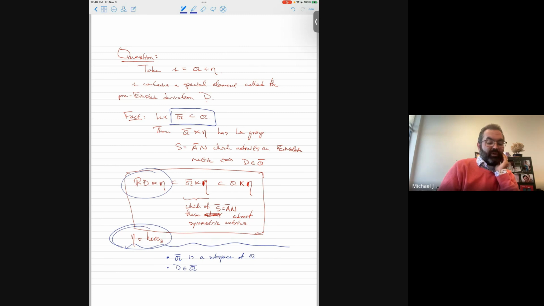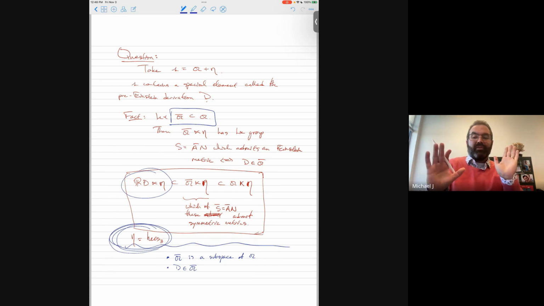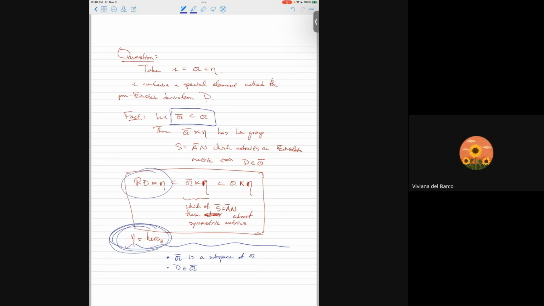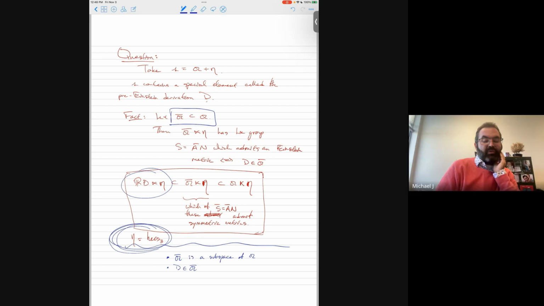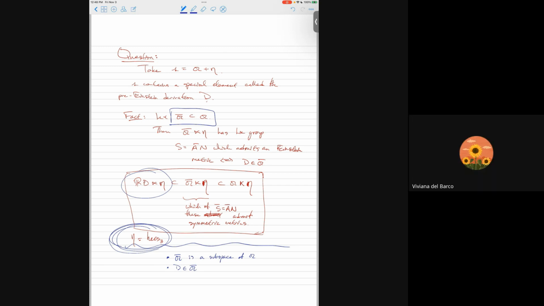I'm pretty sure the only time it would have a symmetric metric should be this case where N is the Heisenberg. But again, I haven't spent more than 60 seconds thinking about it. Okay, so in general, you don't know if there is a smaller A bar. Right. Okay, but that's a nice question. Interesting. Okay, thanks.